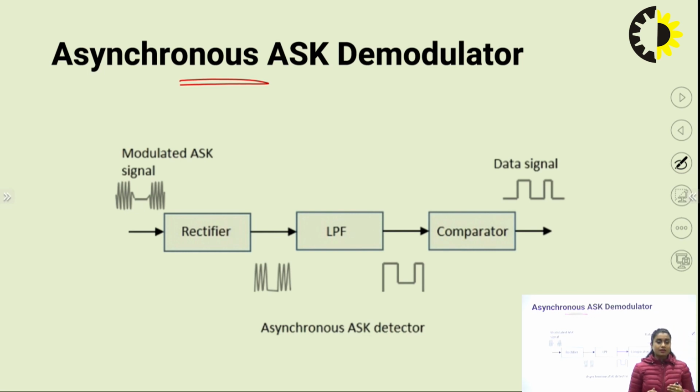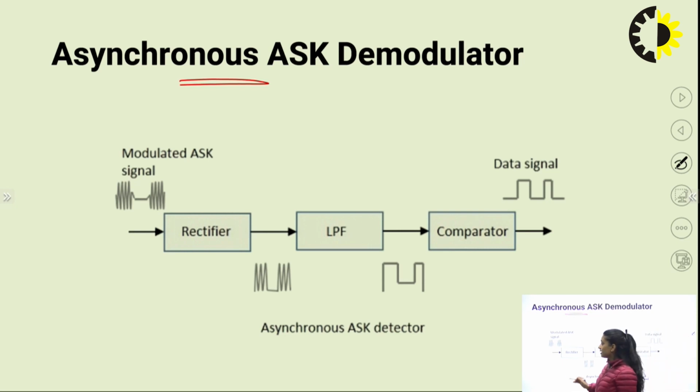We are not dealing with the requirement that at the receiver we should have a coherent detector or an oscillator generating a wave coherent in phase and frequency to that used at the transmitter. No, we do not need such a system. This is a completely independent kind of system which is asynchronous in nature. It consists of a rectifier, a low pass filter, and a comparator, right?